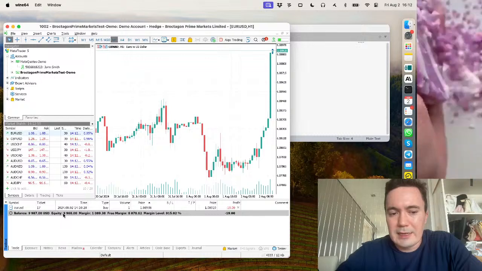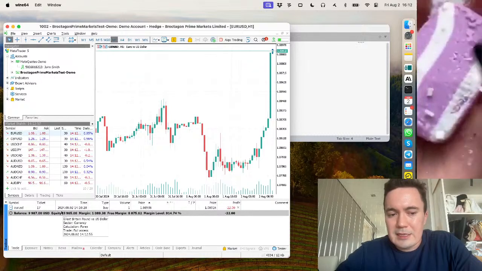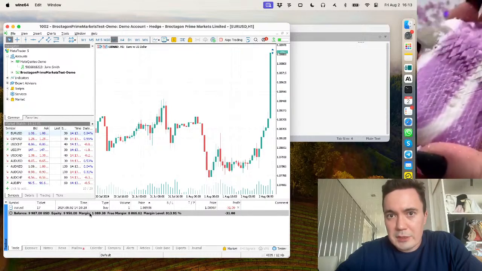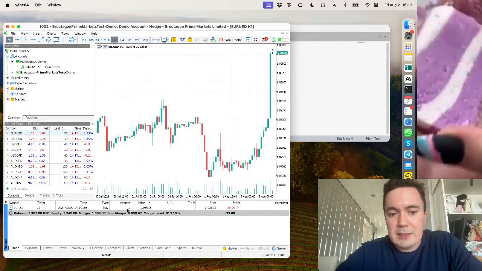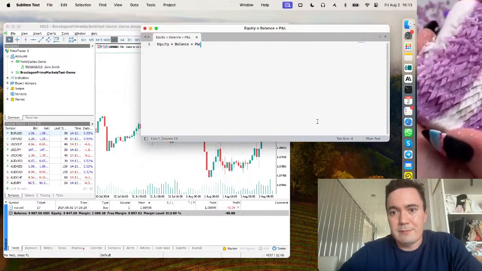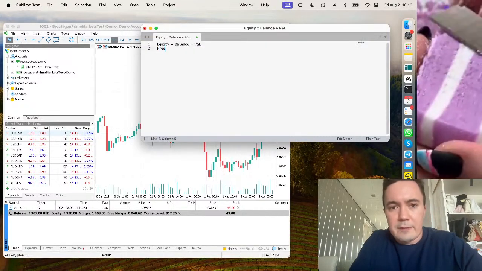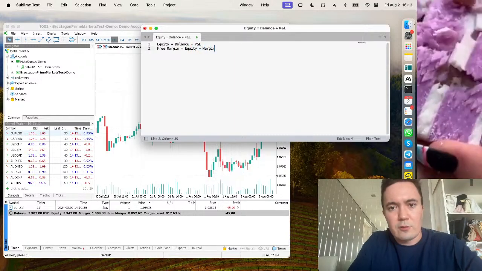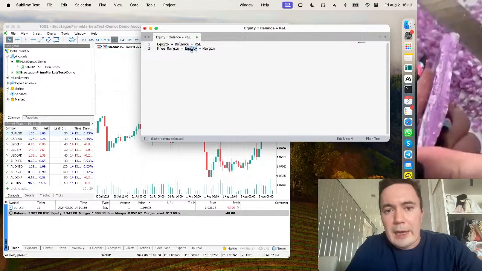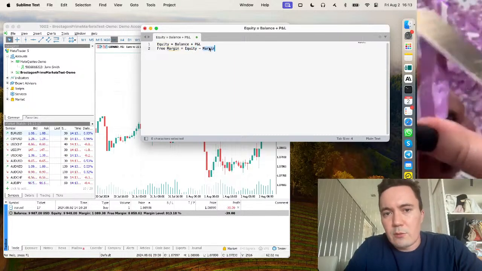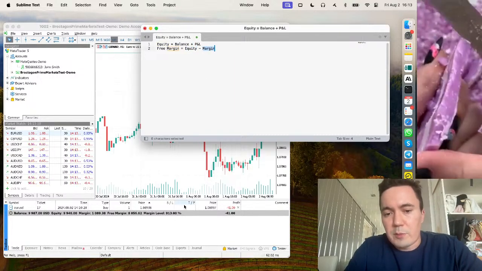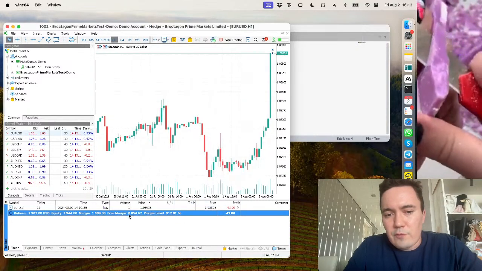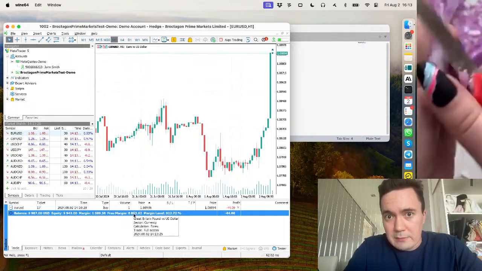Equity is the amount of money we have, margin is the amount of money that has been used up, and free margin is equity minus margin. So it's how much money we have right now minus how much we have used up for the positions that we have. This is the amount of money that we can still spend.